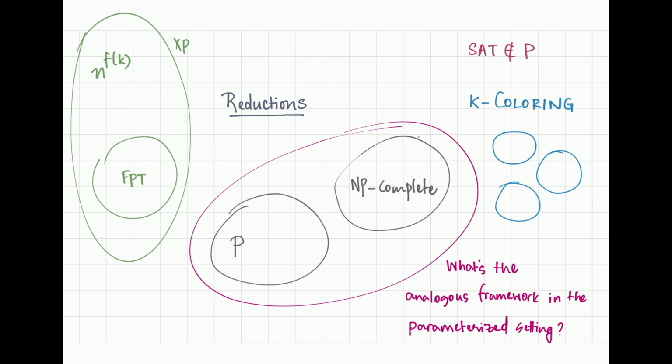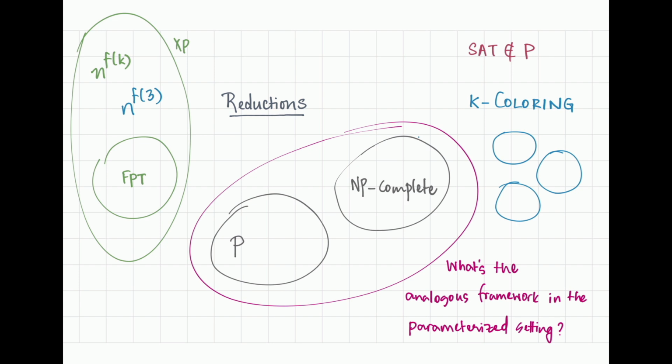So if we were to parameterize k coloring by the number of colors, then notice that if this parameterized problem did admit an XP algorithm, then in particular 3 coloring, which is basically substituting 3 for the parameter k, would actually admit a polynomial time algorithm, because you would just run your XP algorithm with 3 plugged in for k, and no matter how crazy your function f is, f of a constant is still going to be some constant, and this would end up being essentially a polynomial time algorithm for the 3 coloring problem.